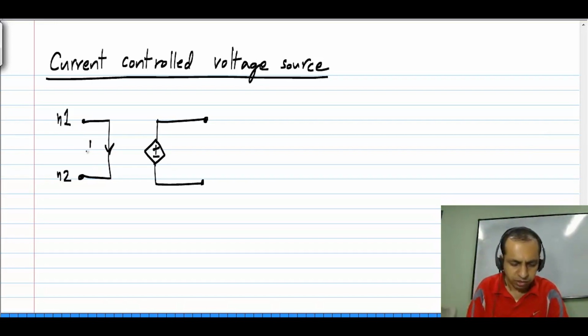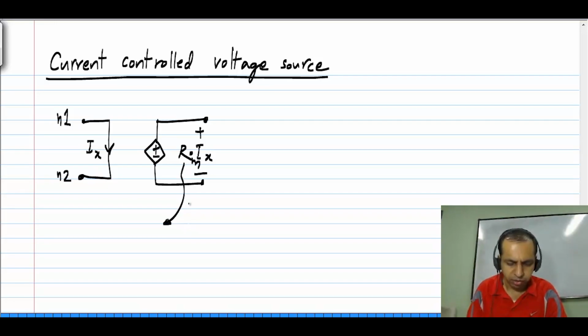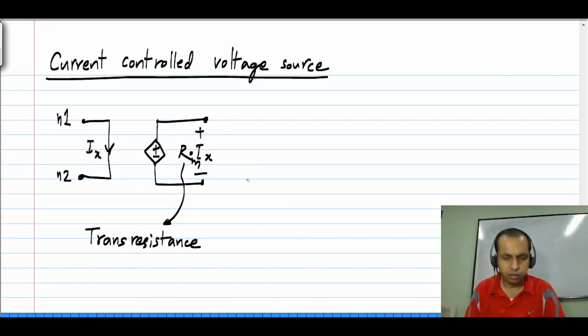Okay. So let's say the current is Ix, then the voltage across these two terminals is given by R times Ix. This proportionality constant, let me denote this by Rm. This proportionality constant is many times called the transresistance. Obviously, this has dimensions of resistance because it multiplies a current to result in a voltage.